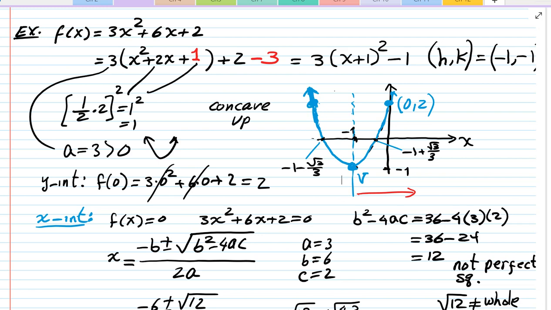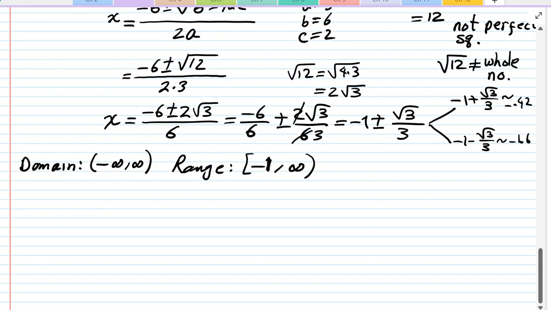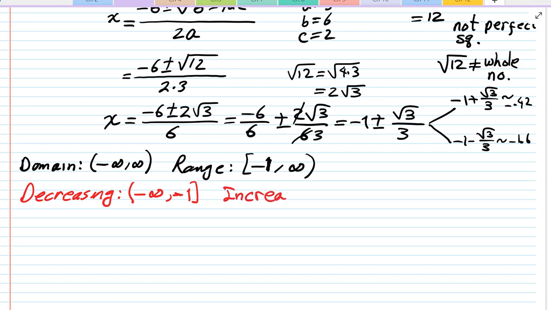And those become the intervals for increasing, decreasing. So it decreases up to -1. I'm going to write that. It's going to be decreasing on the x-axis from -infinity to -1. And then it's going to be increasing, moving upwards, from -1 to infinity.